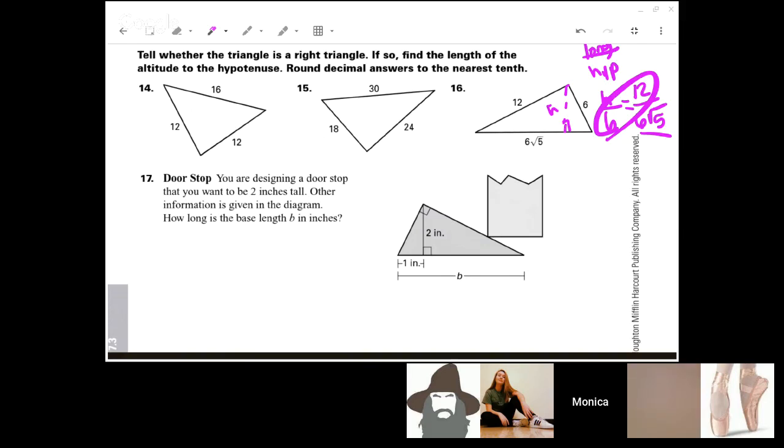Do you see how this triangle looks very similar to the one in theorem 7.6? If we apply that theorem to this, we don't know this length here, but we can assign a variable to it and solve for it and then add 1 to it to get B, right?